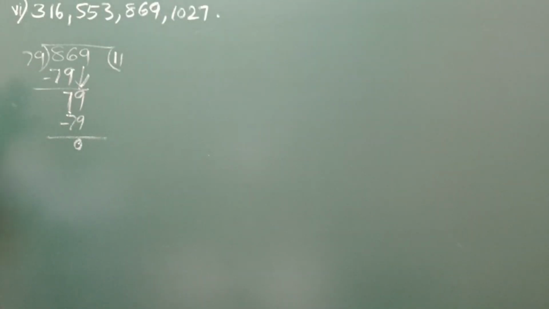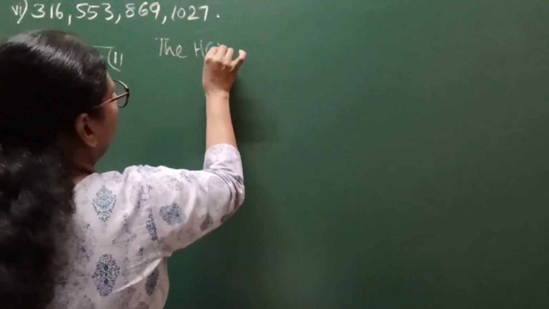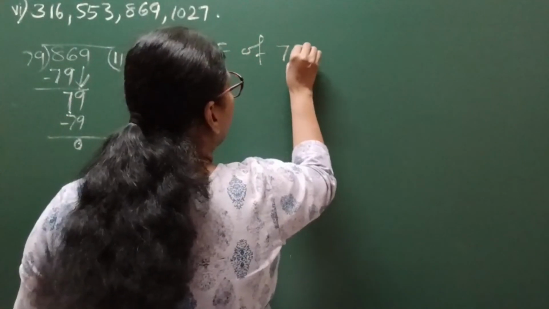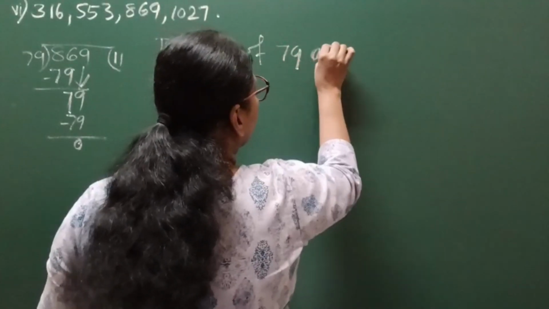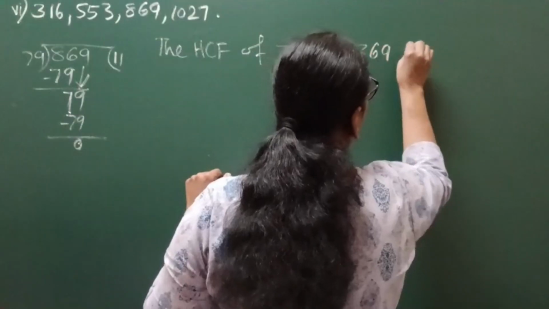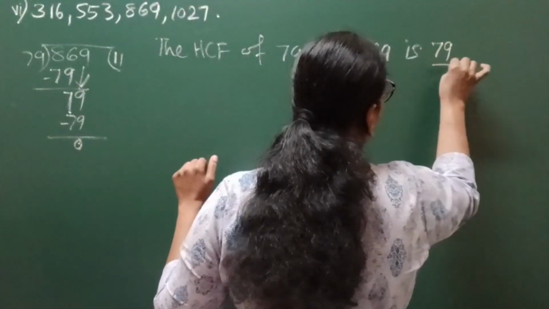Now here the HCF of 79 and 869 is again 79.